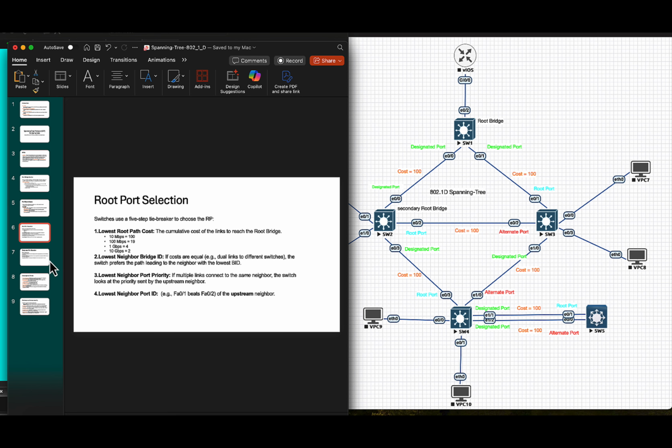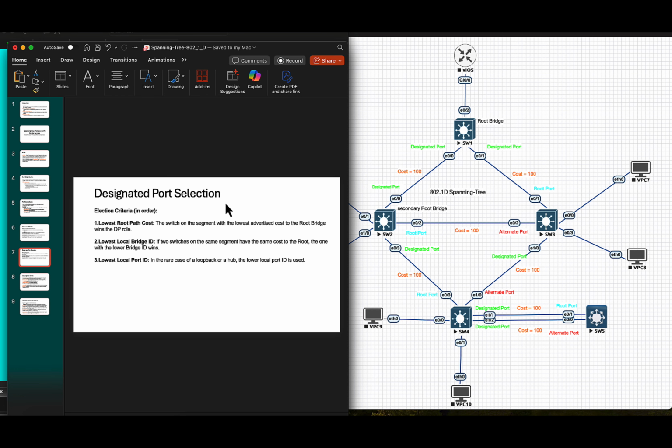All right, let's talk about the designated port selection. The process is, again, kind of similar to the root port, right? You have 3 criteria here, in order. That's how the switch is going to look at them, from 1, 2, and 3. The path cost, again, will be the first criterion the switch will look at. And then the lowest local bridge ID.